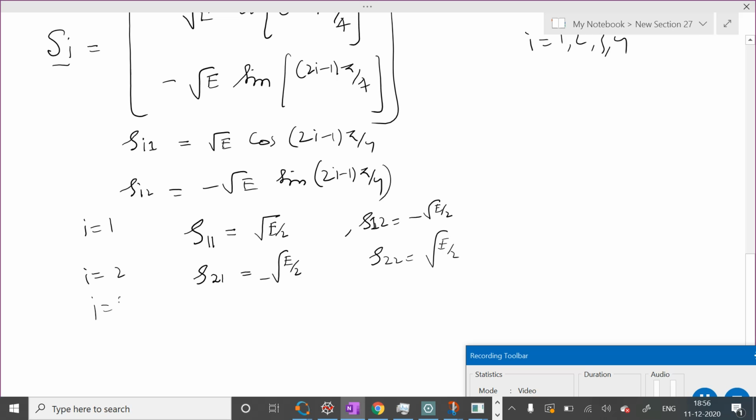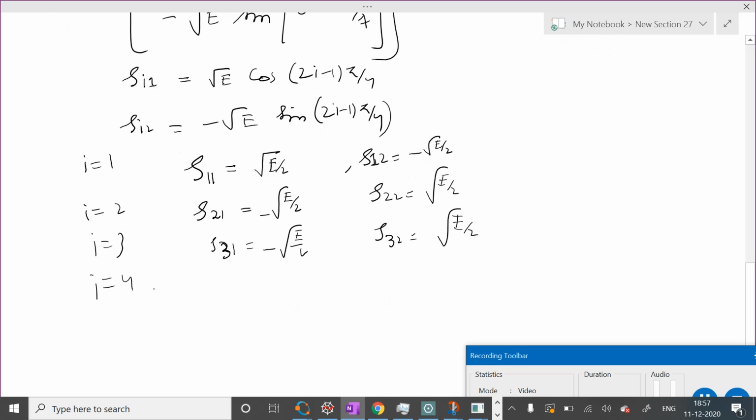For i equal to 3, you will get s31 equal to minus root E by 2, and s32 equal to minus root E by 2. Similarly for i equal to 4, we get s41 equal to root E by 2, and s42 equal to minus root E by 2.